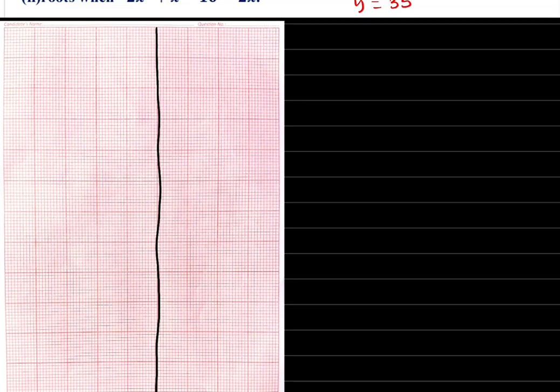Okay, so this is my y axis. I'm going to draw it like this. Good. And the x axis, let me take it from here. I have it this way.